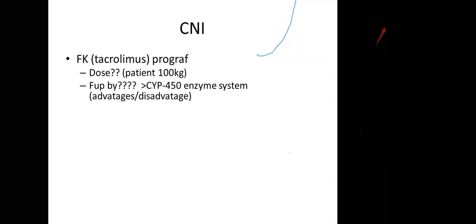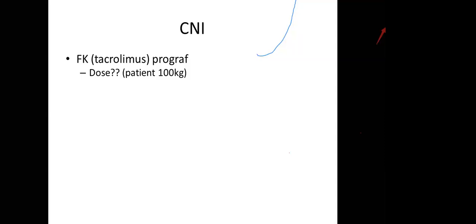So again, you have a very large dose. If you decide to give the patient 0.1, you give him 10 capsules, divided into 2 doses, 5 capsules in the morning and 5 capsules at night. The gap between the 2 doses will be 12 hours only, because of the bioavailability of this drug.